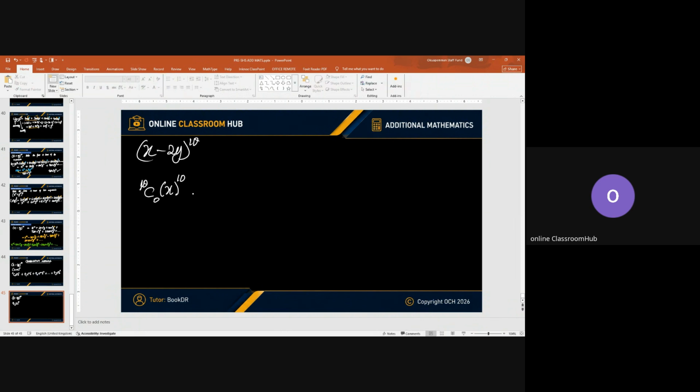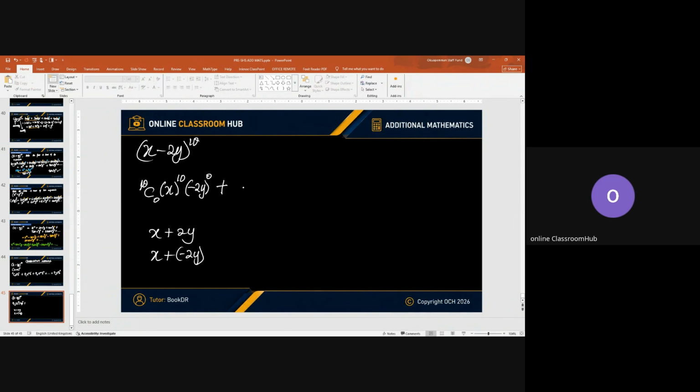Remember, the second term is negative 2y, not 2y. Because if you make it 2y, it means it's x plus 2y. But I should understand the term as x plus negative 2y. So your second term is negative 2y. So this one will have a power of 0.